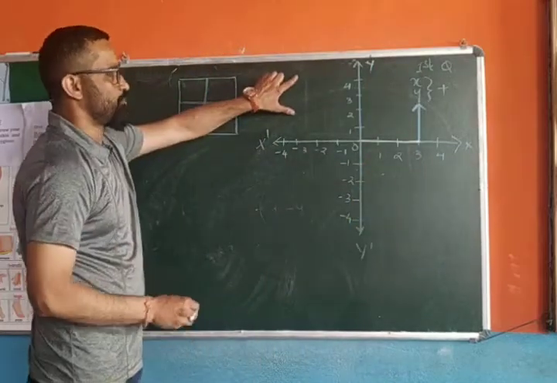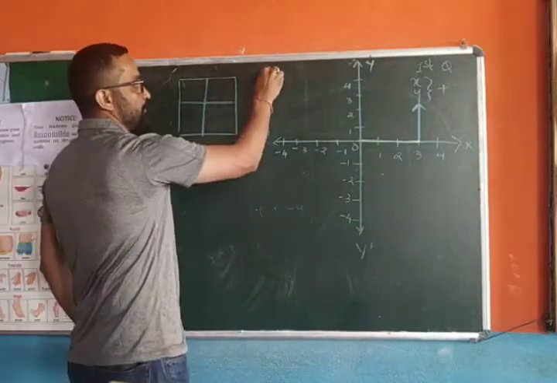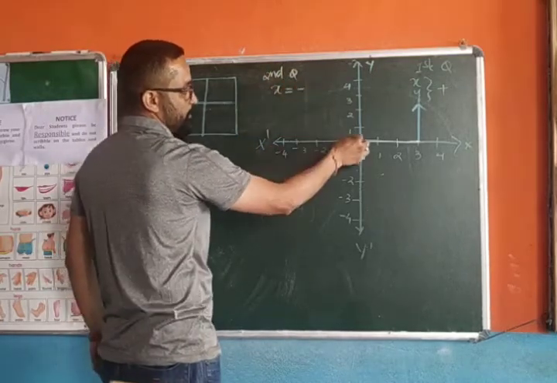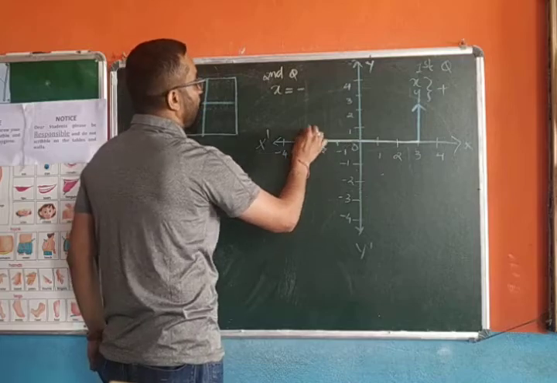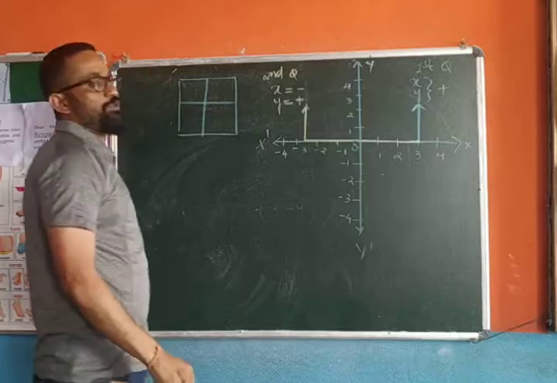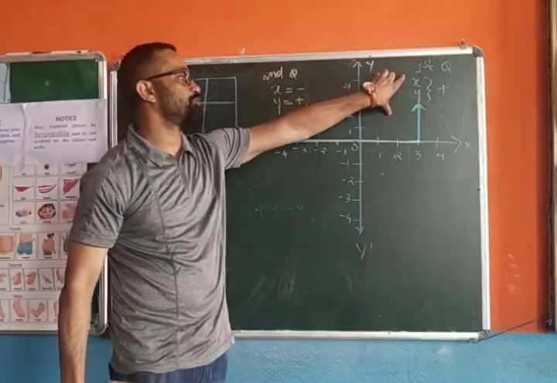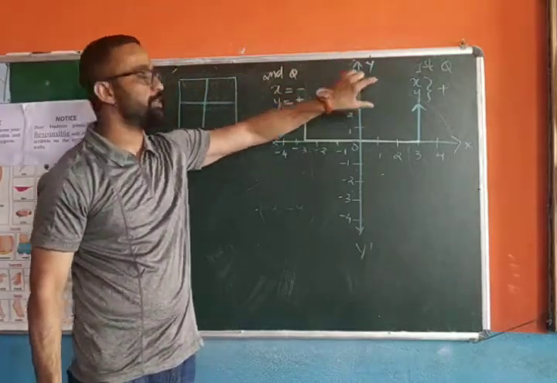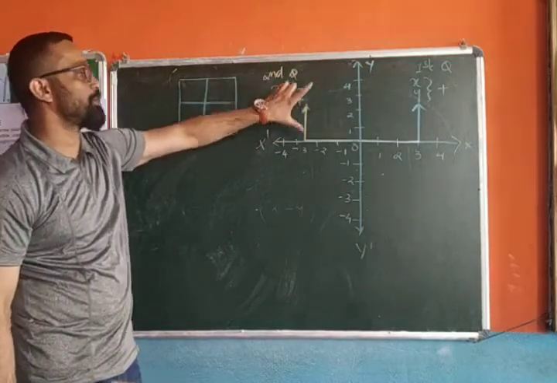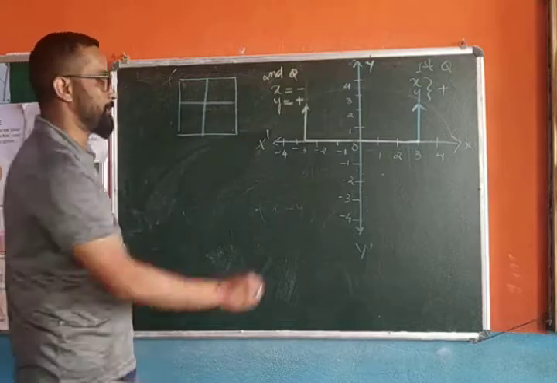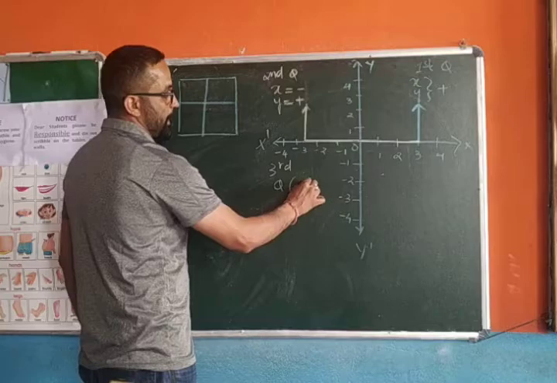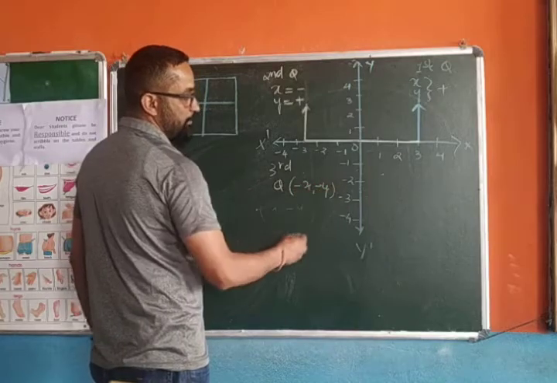In the second quadrant, x is negative and y is positive. So if you have both positive values, it lies in the first quadrant. If the first is negative and the second is positive, it lies in the second quadrant. In the third quadrant, both x and y are negative.